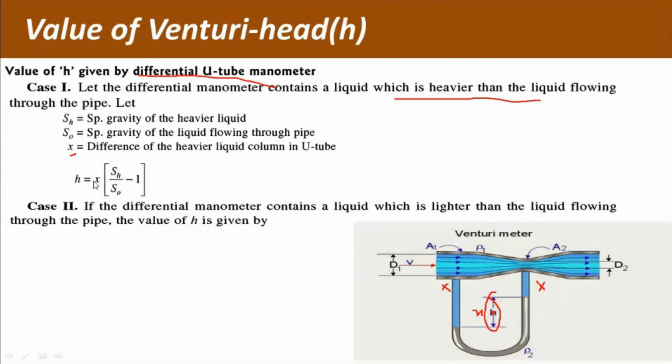So we have already seen the formula: whenever a differential manometer is used and a heavier fluid is used, the formula is H equals x times (S of H upon S of lighter fluid minus 1), and simply S mercury upon S water minus 1.